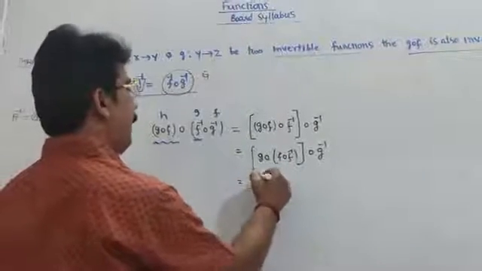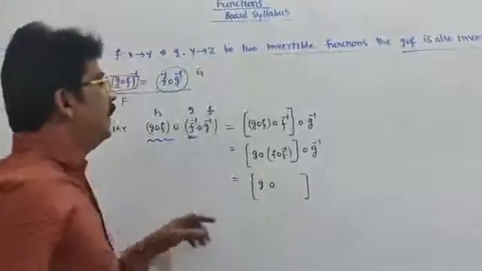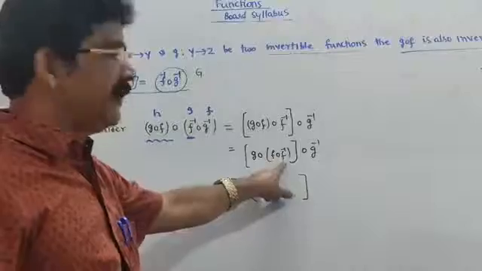That is equal to g circle, now what is f circle f inverse?